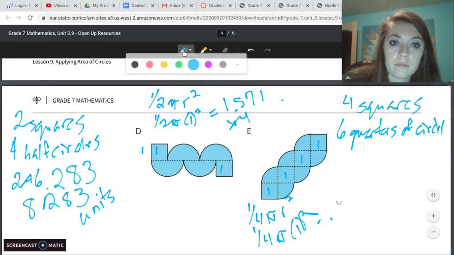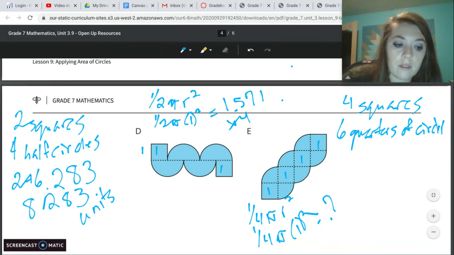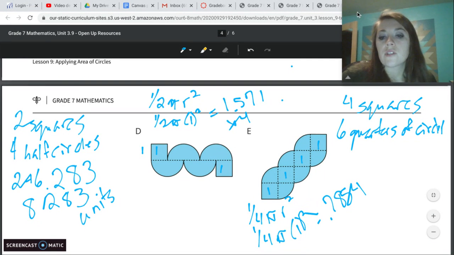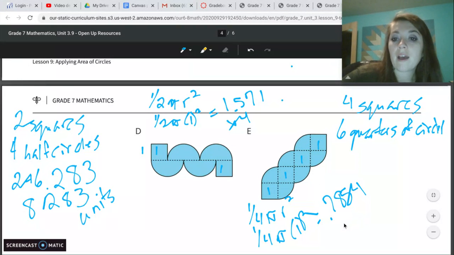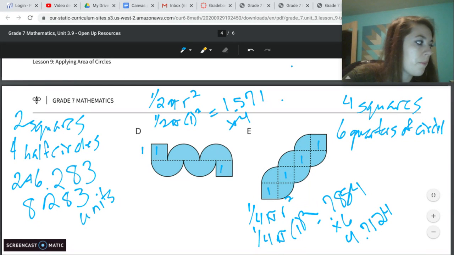So 0.7854. So the area of each of these quarter circles is 0.7854. We have 6 of them, so multiply by 6. So times 6 will give us 4.7124.